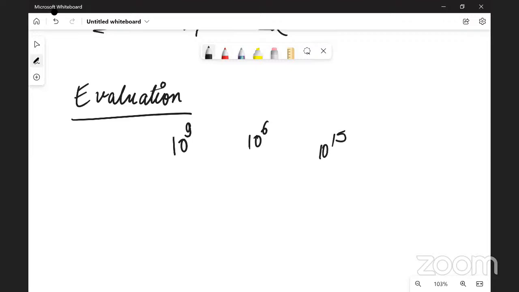Okay. And let's say each entry, for the sake of simplicity, we assume takes only 1 byte. So these many bytes will be there. How many gigabytes is this?